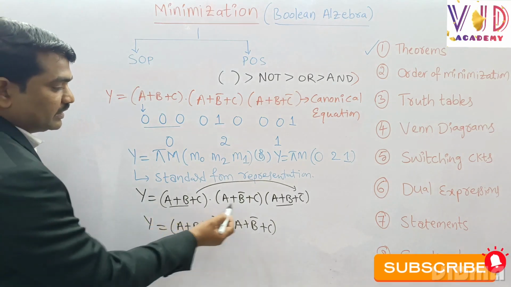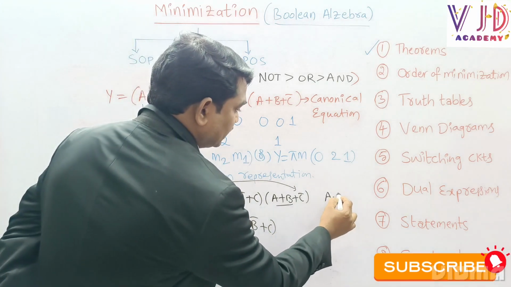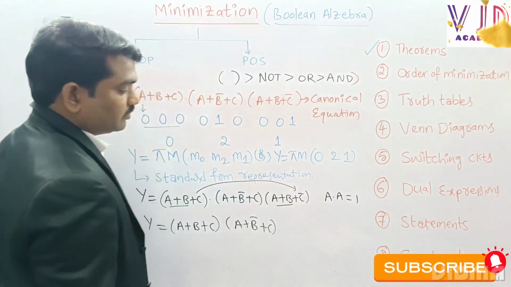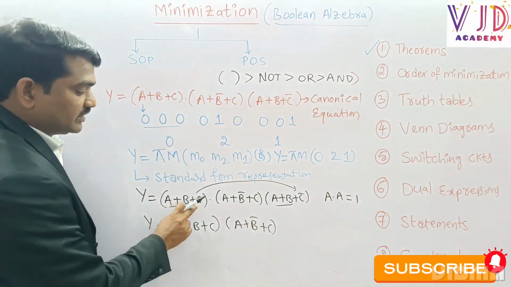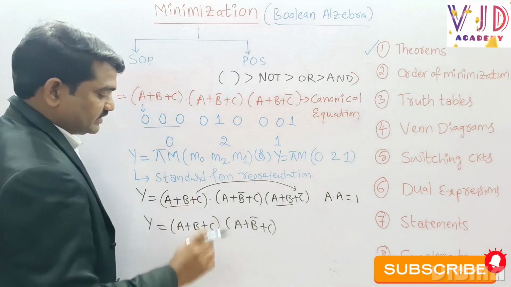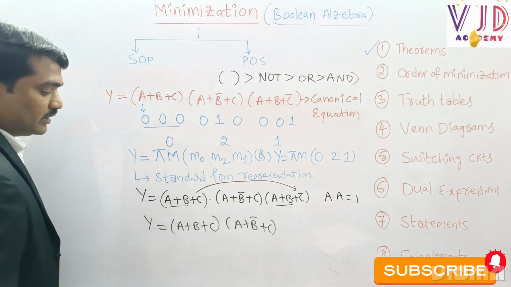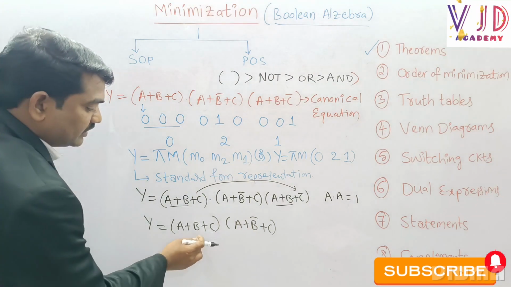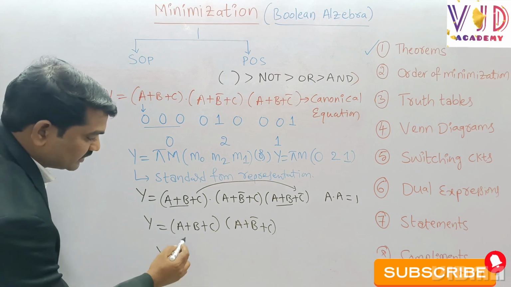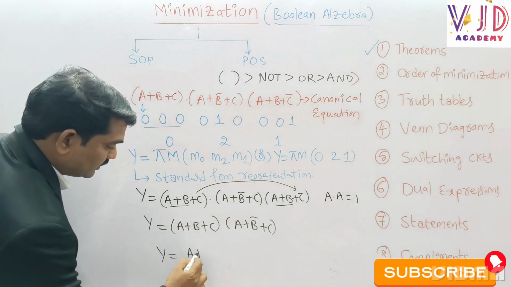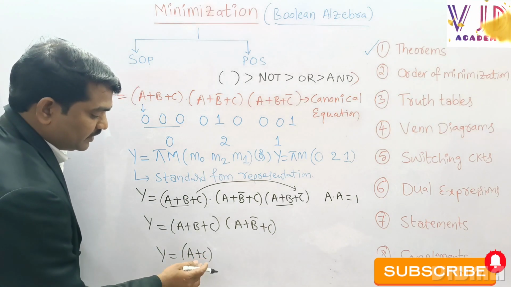From A plus B, we can write A into A, we know that A into A equal to A. So now based upon that concept, A plus B into A plus B I wrote as A plus B, and then C into C bar I wrote as 0. Now from these two, B and B bar are the complemented terms, and the remaining terms we can write as A plus C, and B and B bar get cancelled.